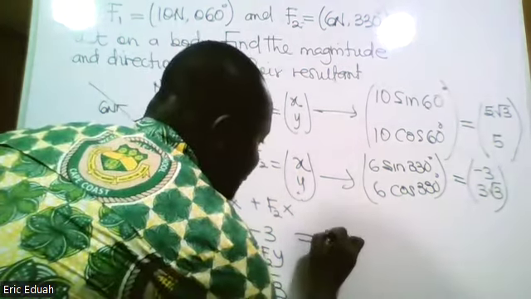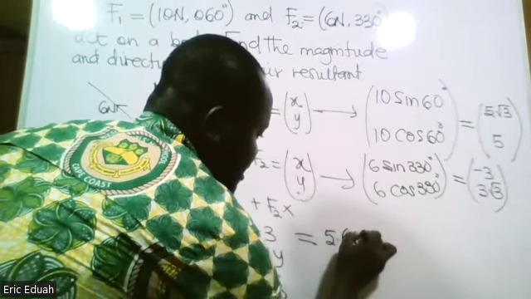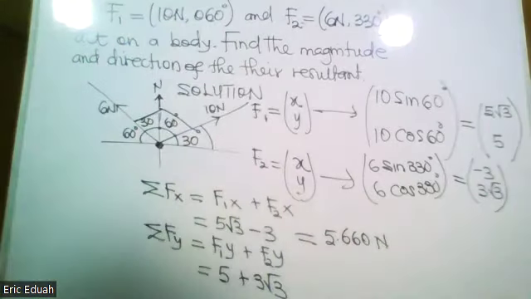So 5.660 Newton. Then 5 plus 3 root 3 is 10.196, so approximately 10.200.